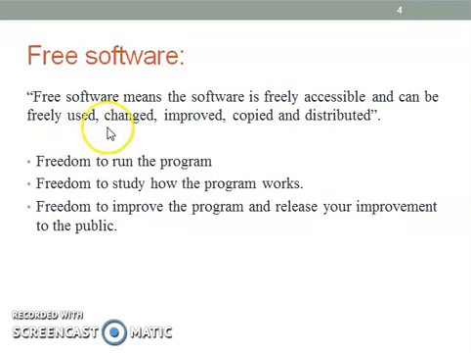If the software is considered as a free software, it should follow some criteria, like freedom to run the program by the user for any purpose to get the required result, and freedom to study how the program works by using the source code available.